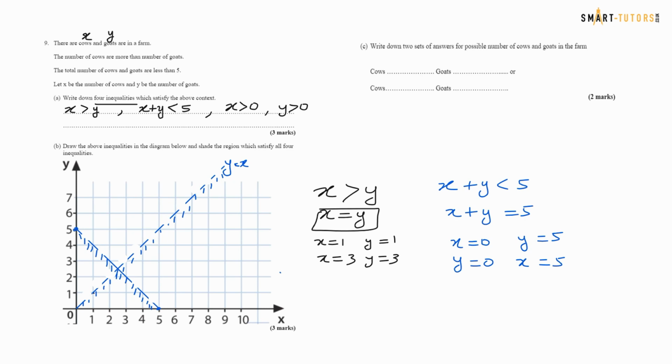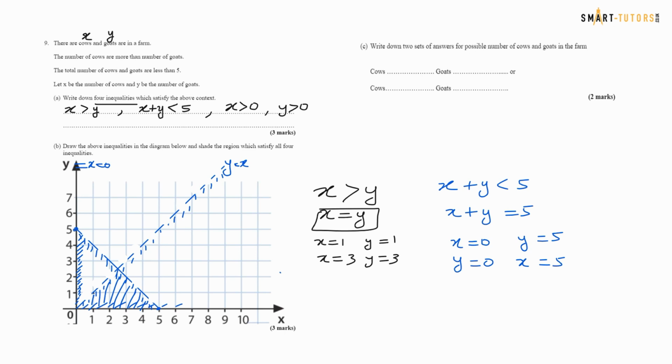Now the next one, x is greater than 0. x greater than 0 means this is the y-axis, x equal 0, and greater means this side, and y is greater than 0 means above, so like this. Now the region that complies has to be this region, so this region is correct.